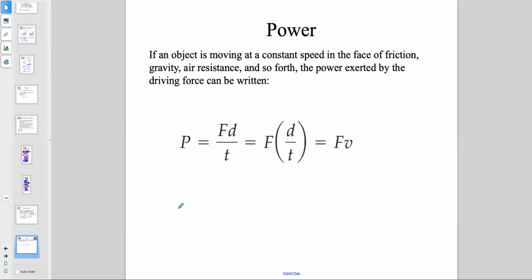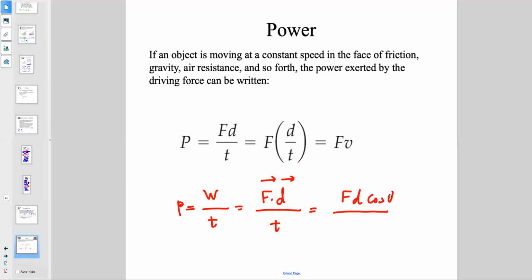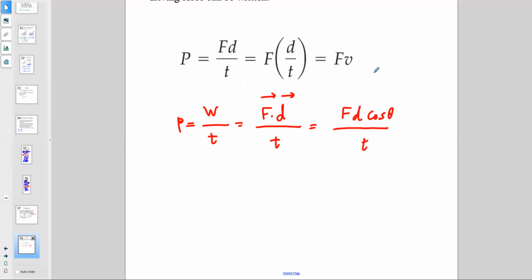Remember that we had P is W over time, and then I can write W as F dot D, which is the actual formula, divided by T. So I can write this down as F D cosine theta over T, and by the way, this is the cosine of the angle between force and displacement, and I write D over time.